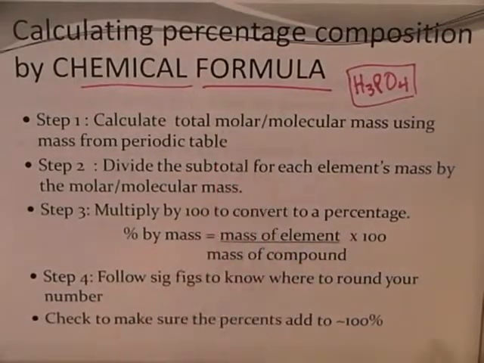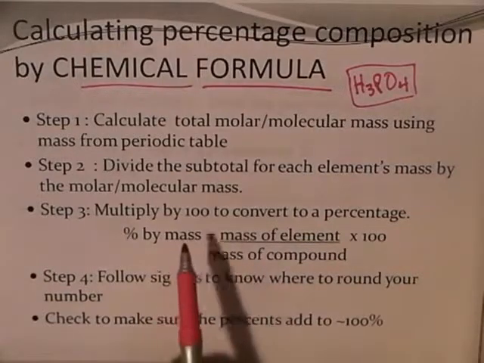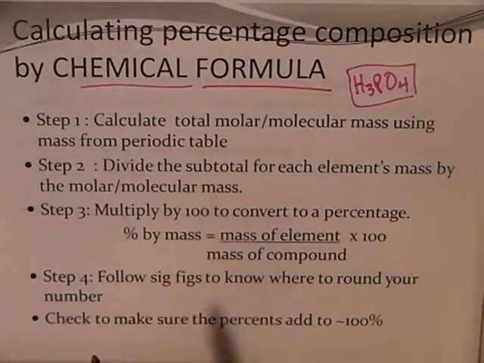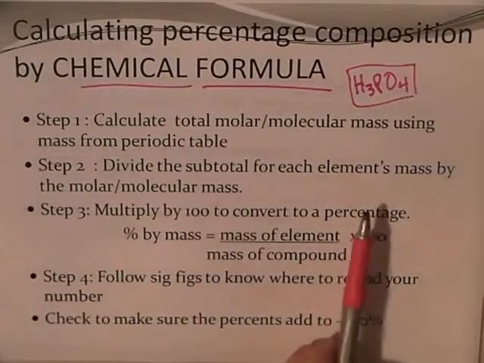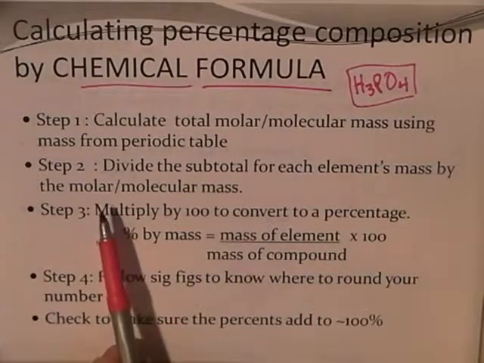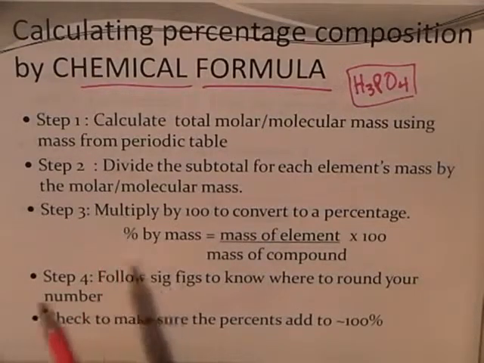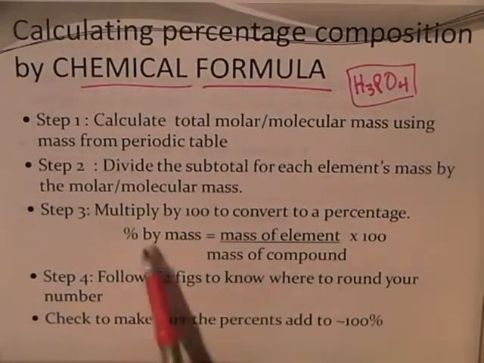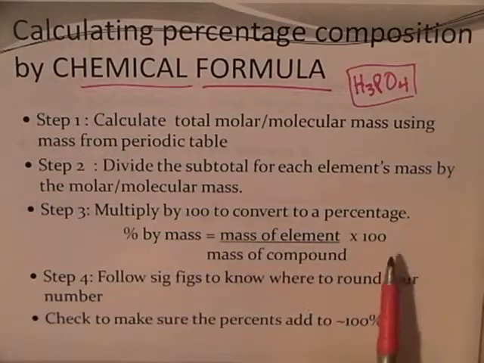So your first step, calculate the molar mass. After that, it's pretty much the same idea as calculating by mass. You want to put the mass of the element over the total mass or the molar mass, and then multiply by 100. Okay, so I have it written out almost like an equation down here.